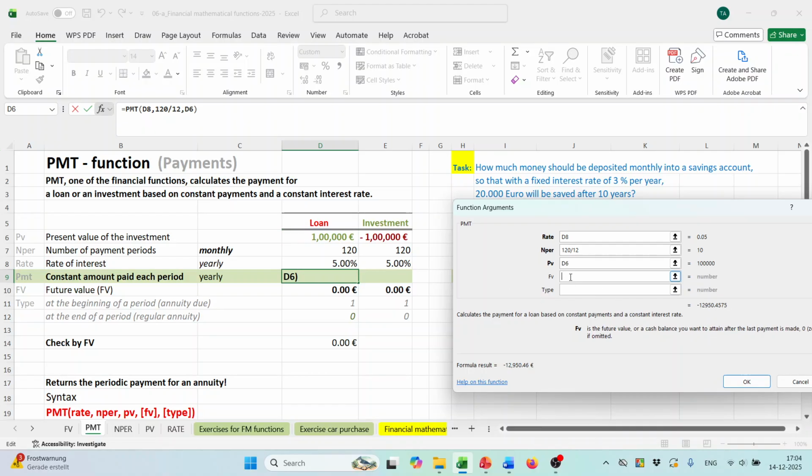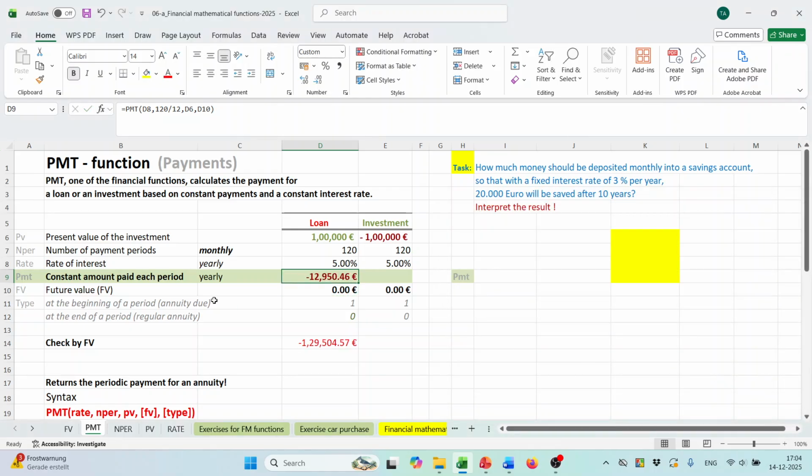Our future value is 0. So we press OK and we get our yearly payment. And we can also do this. The formula will be the same, so I just copy it. It is done. So let's do another task.